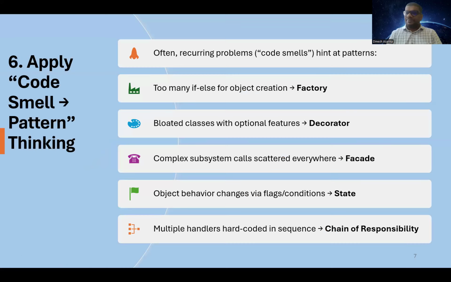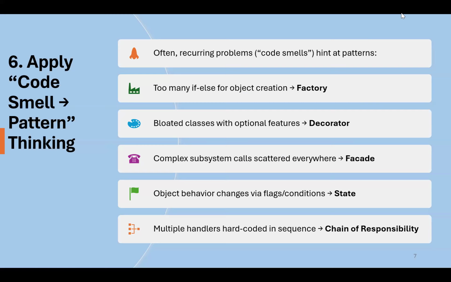Okay, code smell is something we haven't discussed up to now, which we'll be discussing in future. Normally, code smells give you some help to select the proper design pattern.